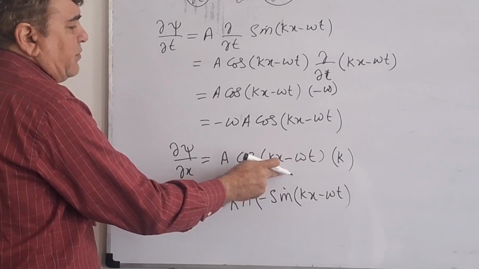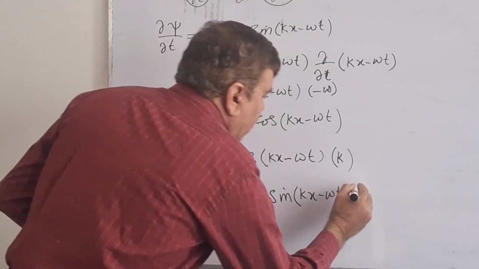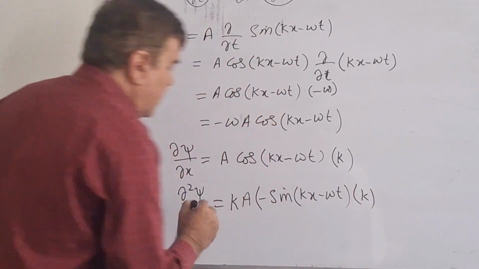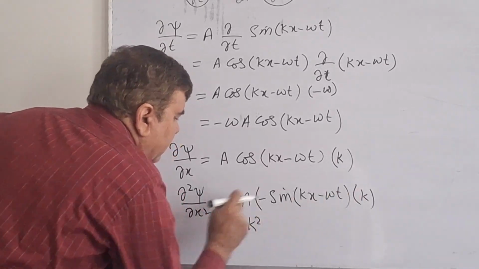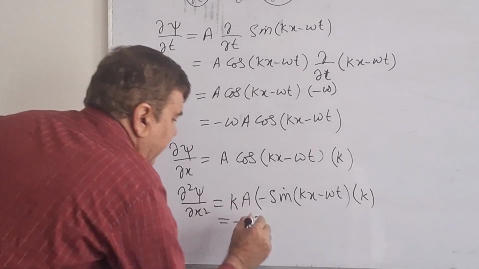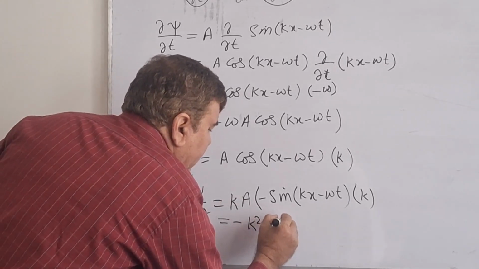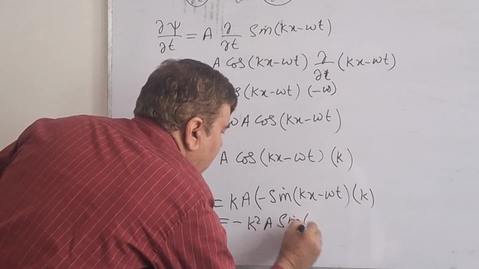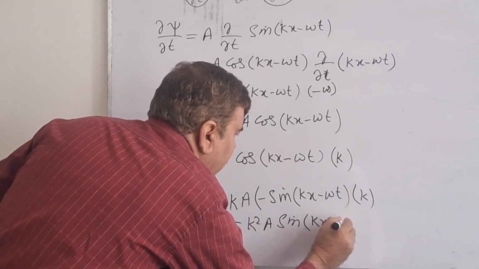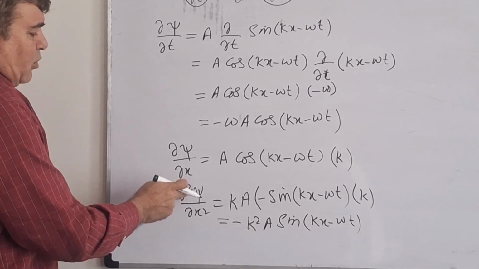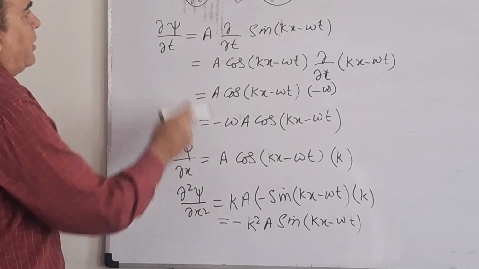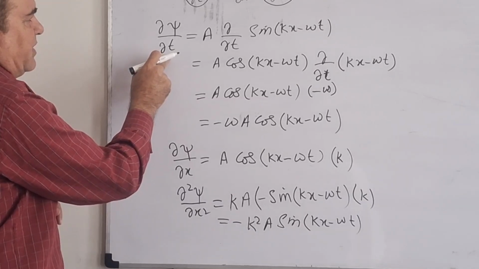Then again the derivative of the argument would give me k, so I write that k over here. That means I'm left with minus k squared a times sine of kx minus omega t, right? So I have the value of partial squared psi over partial x squared, and I have the value of partial psi over partial t.